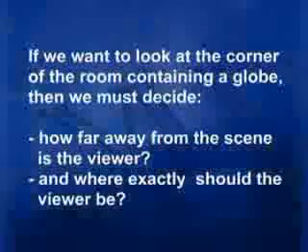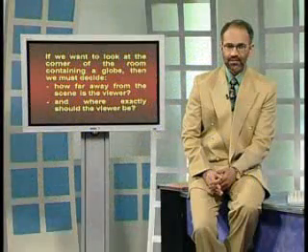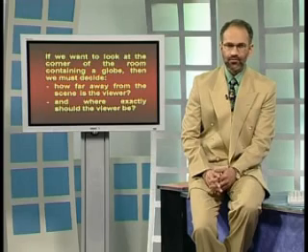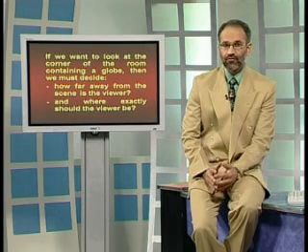So very much preparation would be required on the part of the programmer as to what kind of appearance is required for the models in the scene. If we want to look at the corner of a room containing a globe, for instance, then we must decide how far away from the scene the viewer is and where exactly the viewer should be.